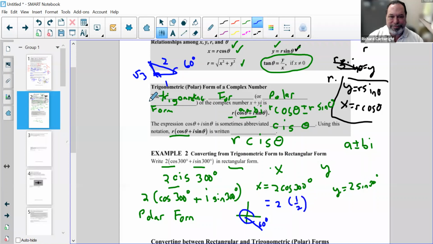And the sine of 60 would be opposite over hypotenuse. So y equals 2 times the square root of 3 over 2. And the 2's cancel. So I have an ordered pair here, 1, comma, square root of 3. That's where that point is.